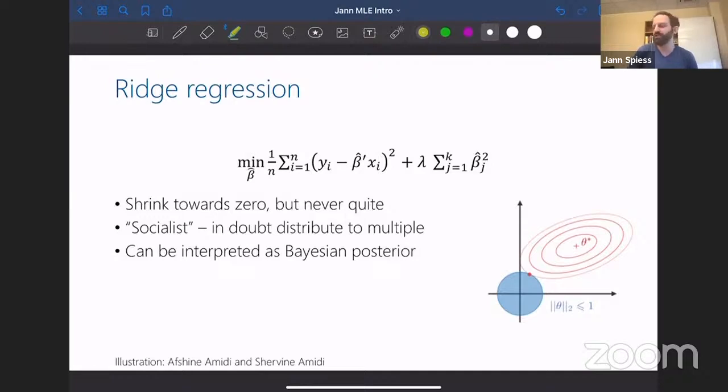I should also say that this could be interpreted as a Bayesian posterior, so you could understand ridge regression as what you would get if you had a linear model with normal data and you calculated a Bayesian posterior, and that would give you exactly the same solution.